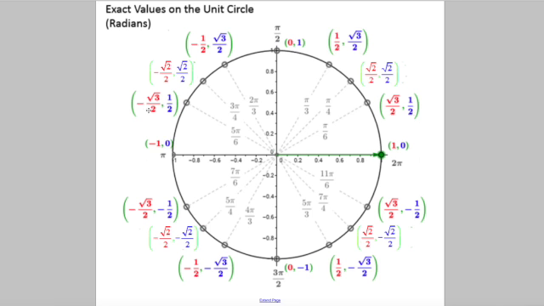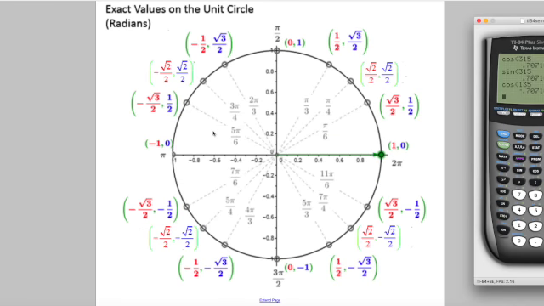In the second quadrant, though, you see the x became negative. So for the equivalent value, 5 times 180 divided by 6, that's 150 degrees. I know that the cosine of 150 should be a negative number. So let's verify that. The cosine of 150 should be a negative 0.866.